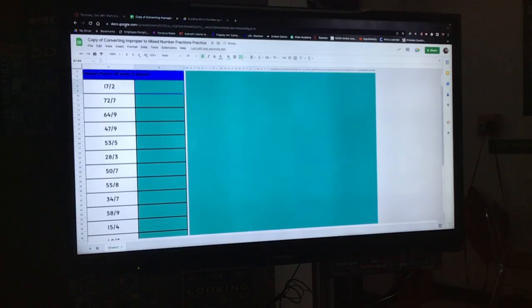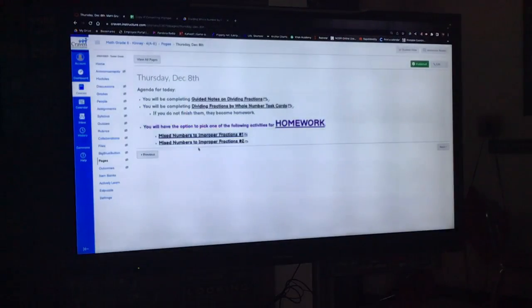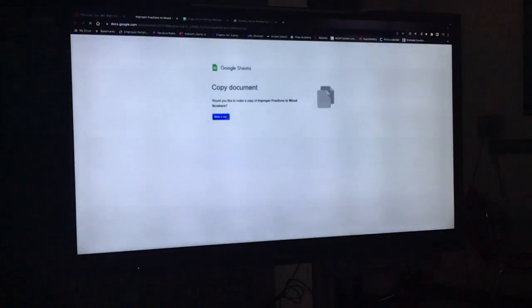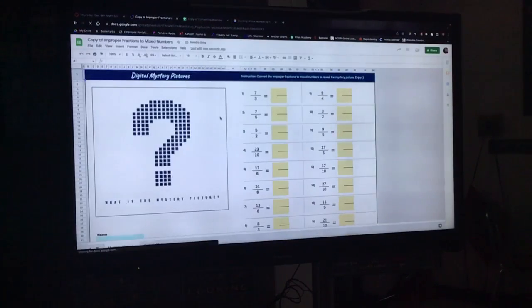Alright, the other one, if you click on this one, again, it's going to make you make a copy. And then you're changing, again, improper fractions to mixed numbers. So, looking at the first one, you have 7/3. So I'm going to do 7 divided by 3.